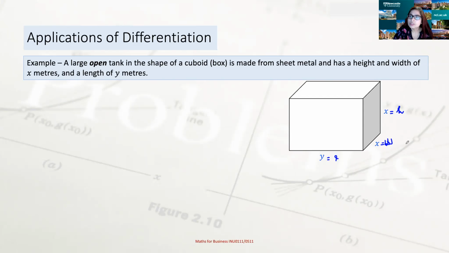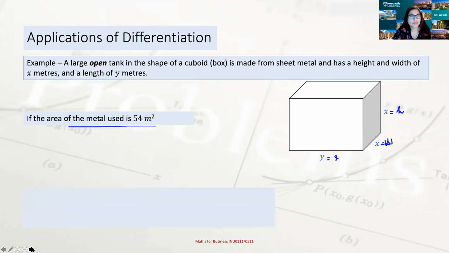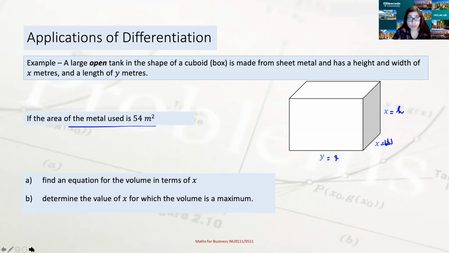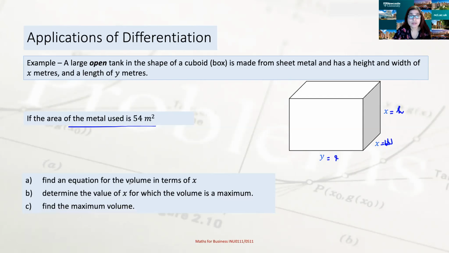So height, width, and length. It's given that the area of the metal used is 54 square meters. So the problem is first to find an equation for the volume in terms of x. Then you have to determine the value of x for which the volume is maximum. And then you have to find the maximum volume itself. So let's do that.